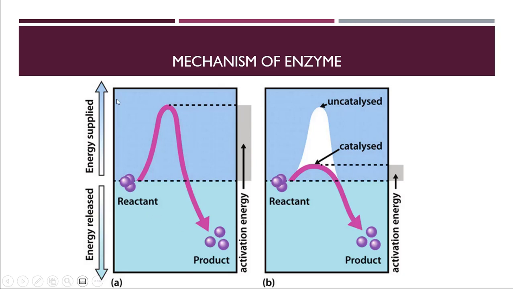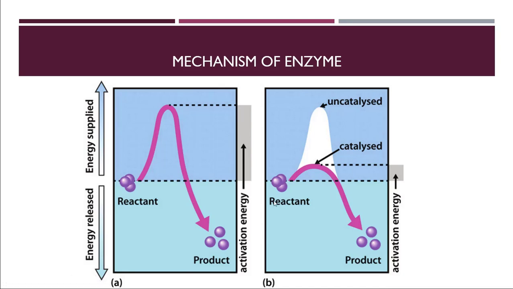In this picture you can see we don't have any enzyme, so this reactant needs this much activation energy to convert into the product. But if we have enzyme here, enzyme can lower this activation energy and the reactant will transform into the product earlier as compared to the reaction without enzyme. So that's the difference and that's the mechanism.